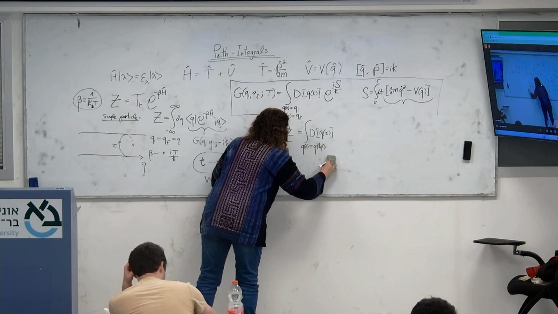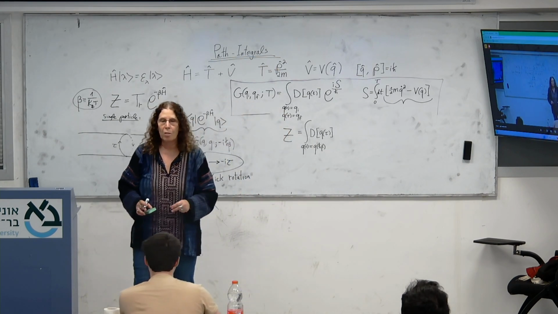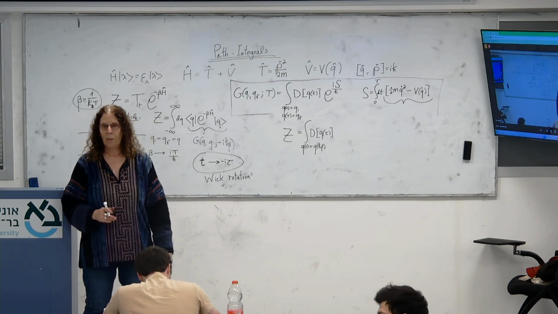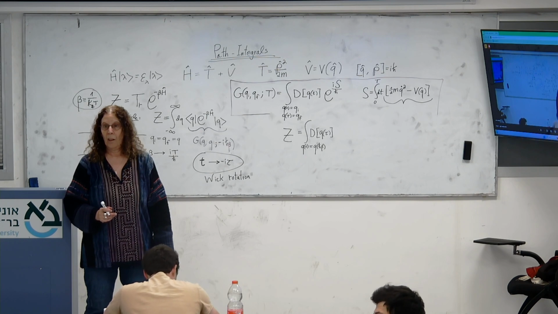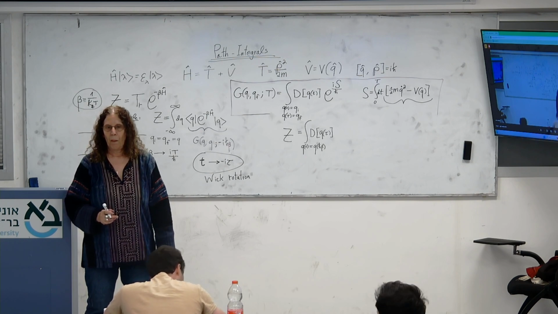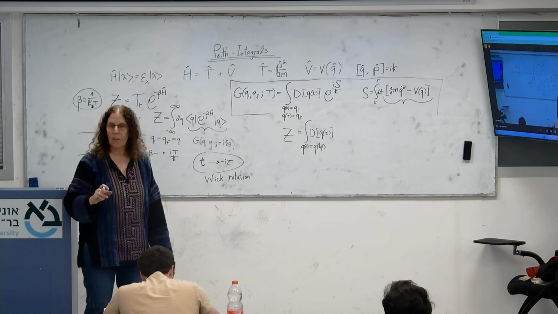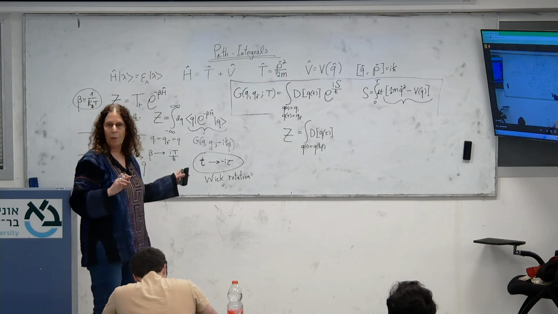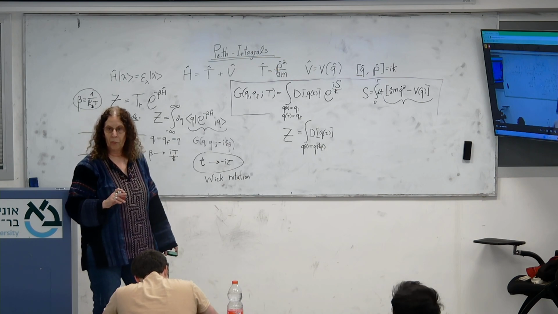Is there a geometric phase in those processes? The geometric phase? No. Why should there be? I mean, no, it's coming back to the same place. So tau is not a parameter here. Okay? Tau is not a parameter of the Hamiltonian.